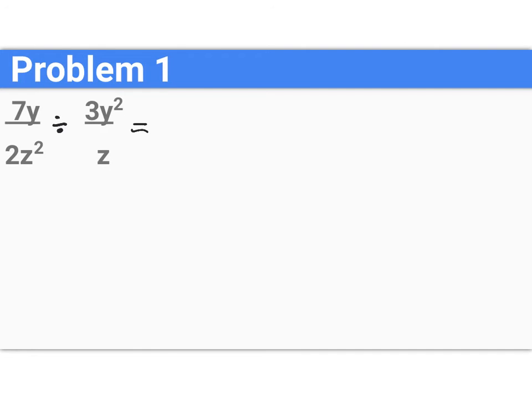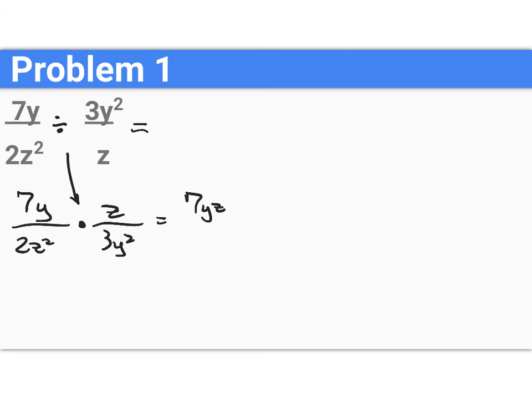Okay, so let's see how you did. We got 7y over 2z squared, over z times 3y squared. That's a z, I know, my sloppy handwriting. What I'm going to do is put them together, then simplify them off the top of my head.